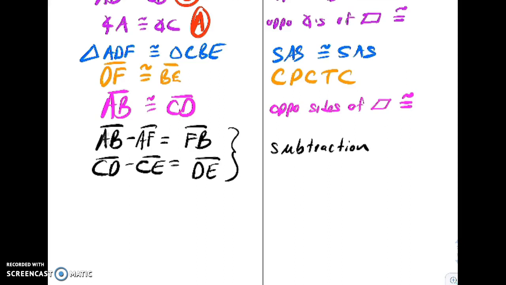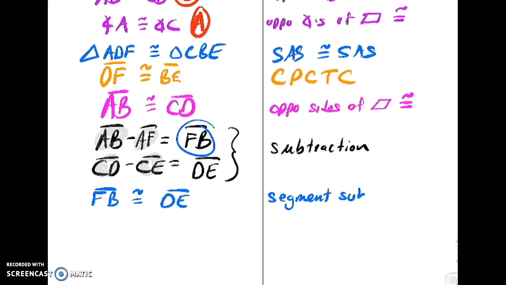Now, if you had two things that were already congruent minus two things that were already congruent, you're going to have congruent things. So now I'm going to say FB is congruent to DE because of the segment subtraction postulate.